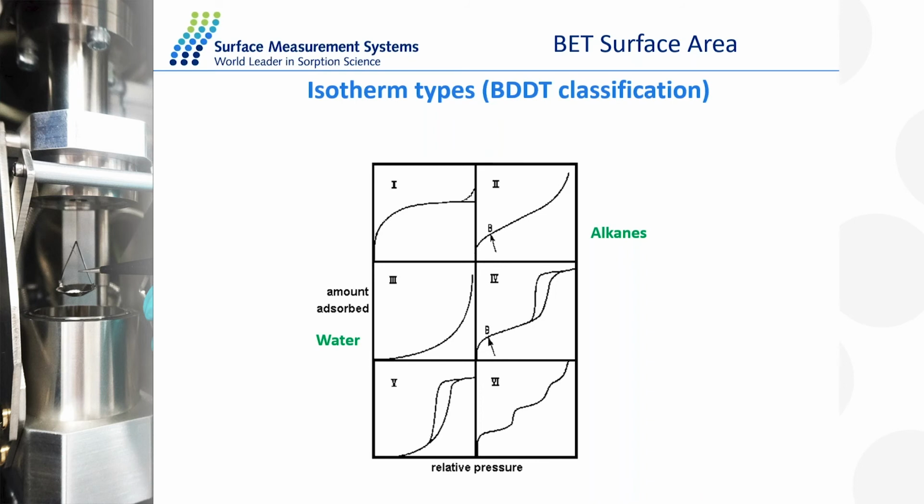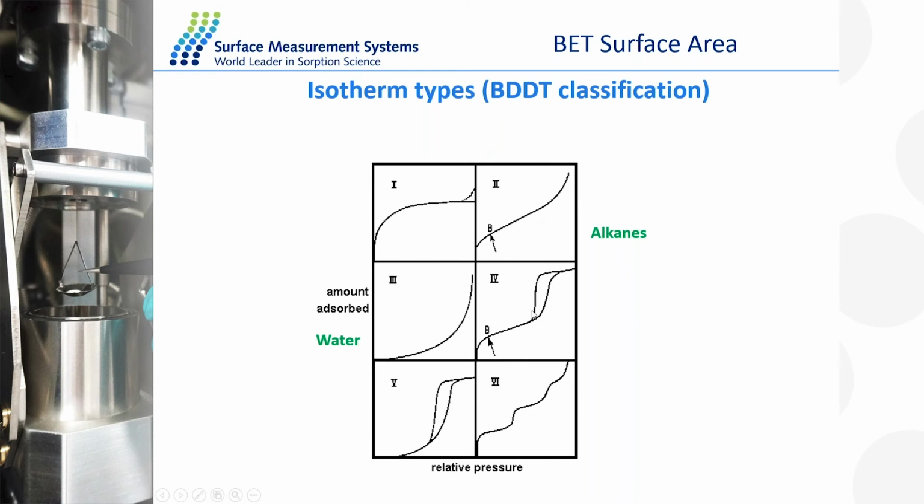So here is a graphic of the reported literature isotherm that you can obtain when you expose a material to a solvent. No matter what solvent it is, the isotherm will look like one of these six. To calculate the BET surface area, your isotherm actually needs to look like a number 2 or number 4 isotherm.